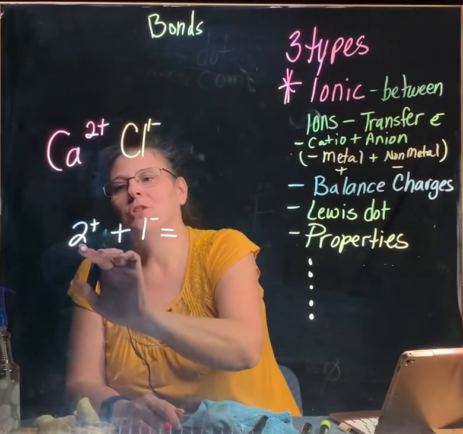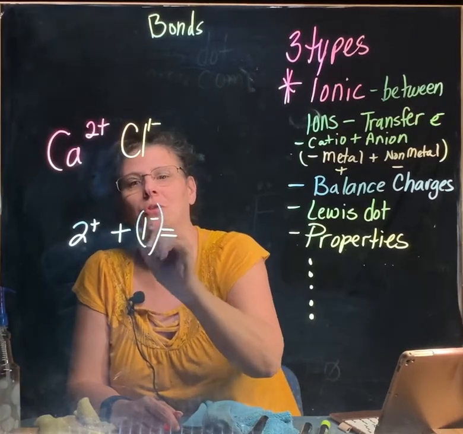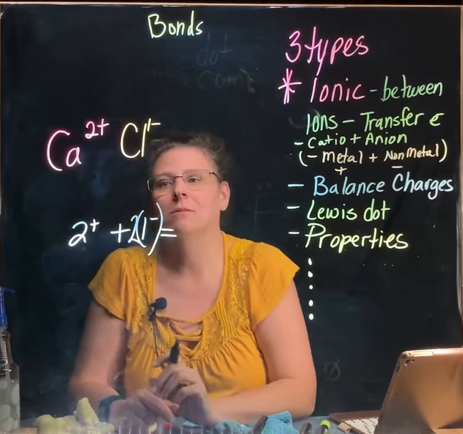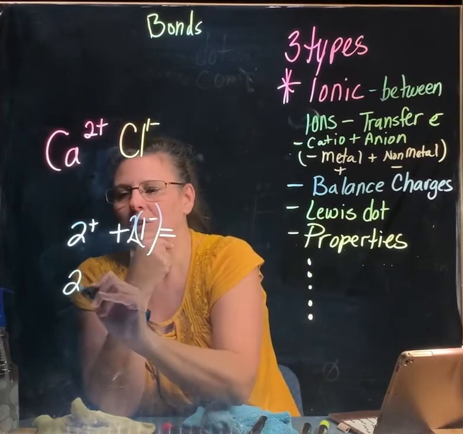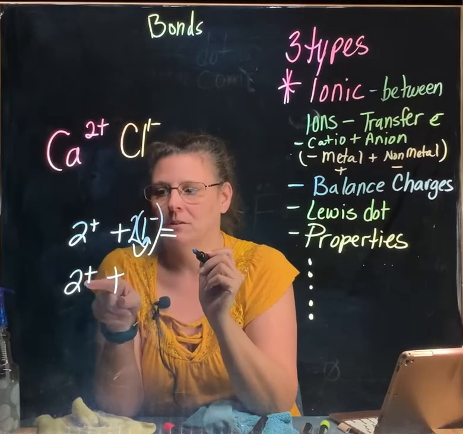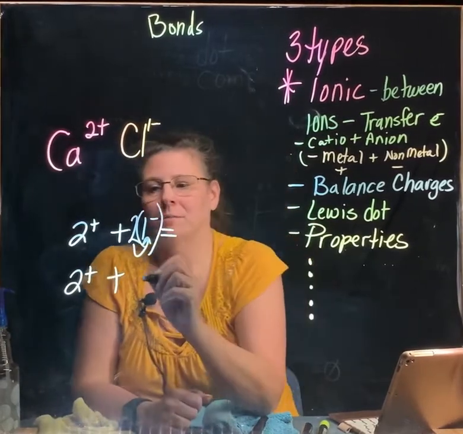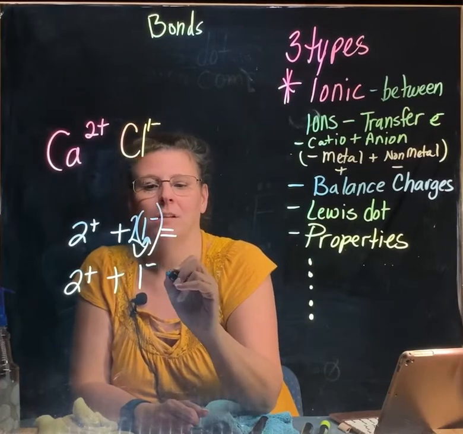Well, my 2 plus and my 1 negative means I'm going to have 2 of these to make this balance out, because 2 positive plus 2 negative 1s means I'm going to take a negative 1 plus a negative 1.